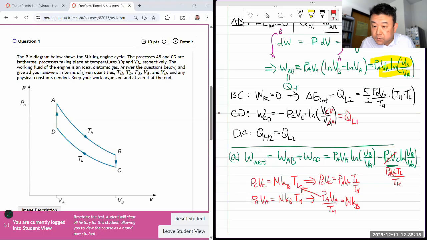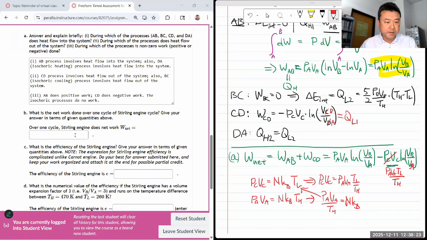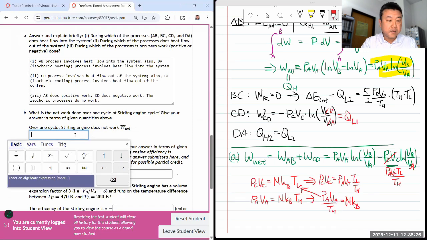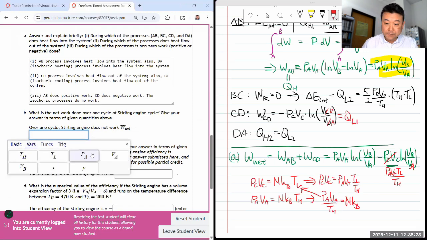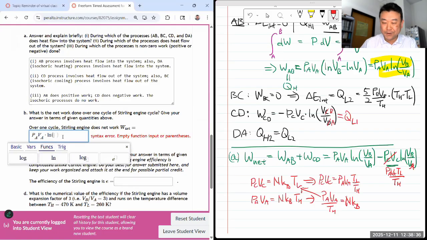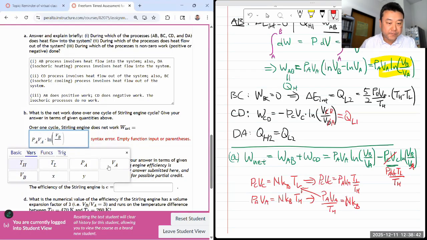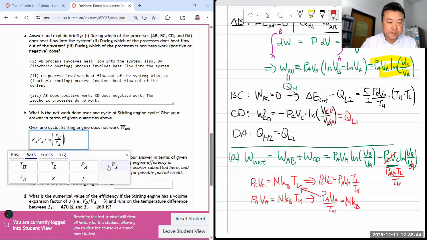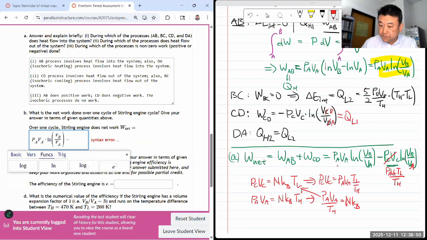So now that's in terms of everything. Oh wait, that's not VB over VC, that's VA. All right, so I can simplify a little bit, but this is enough where it's all in terms of the variables that I'm allowed to use. PA times VA times natural log, not log base 10, of VB over VA, minus... actually, let me factor out PAVA times the natural log of VB over VA.